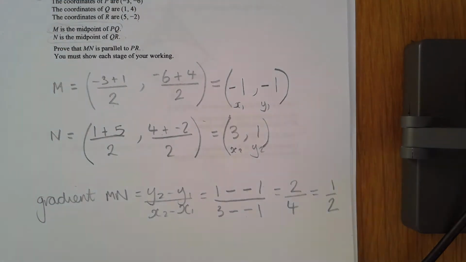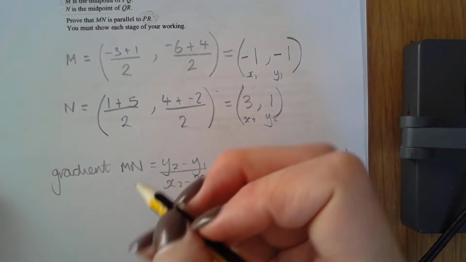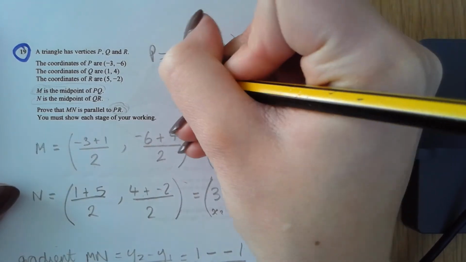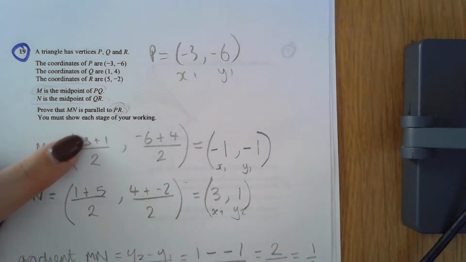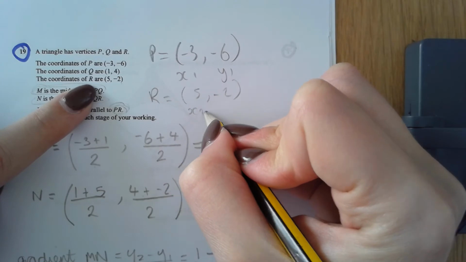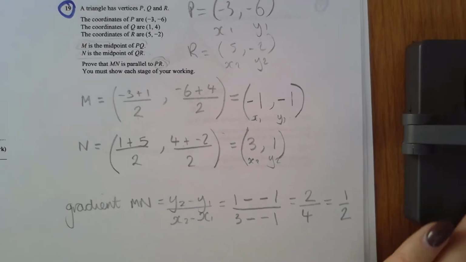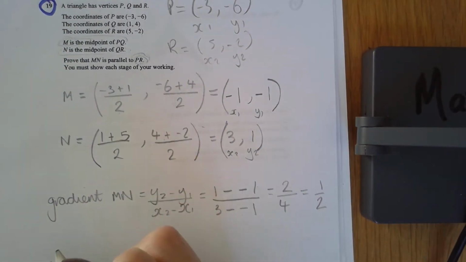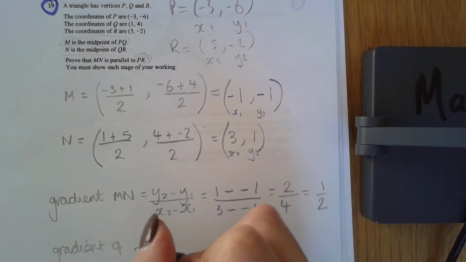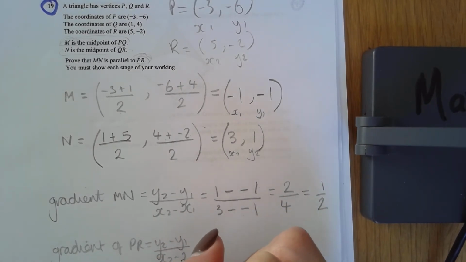Okay, so we've worked out the gradient of MN. The other part that we need to know the gradient of is PR. So I'm just going to make them a bit clearer. So P is -3, -6, so that's x1, y1, and R is the coordinate 5, -2, so that's x2, y2. The gradient of PR is also y2 take y1 over x2 take x1.